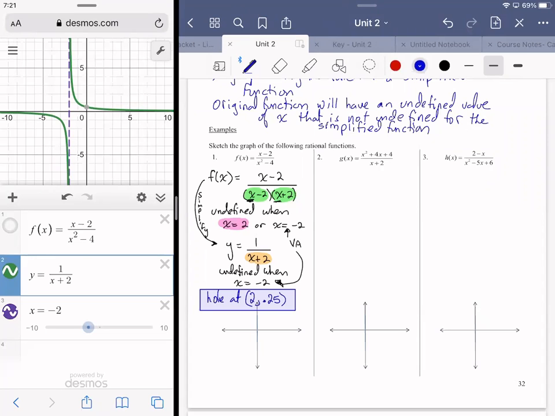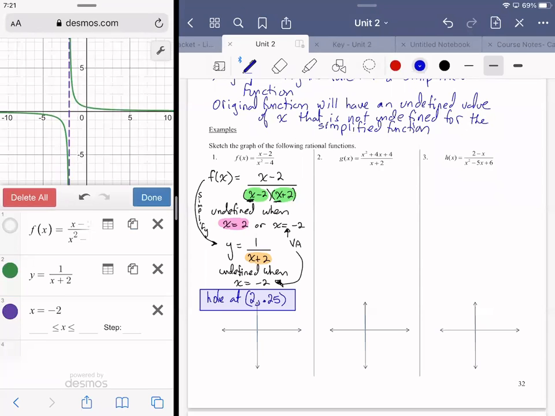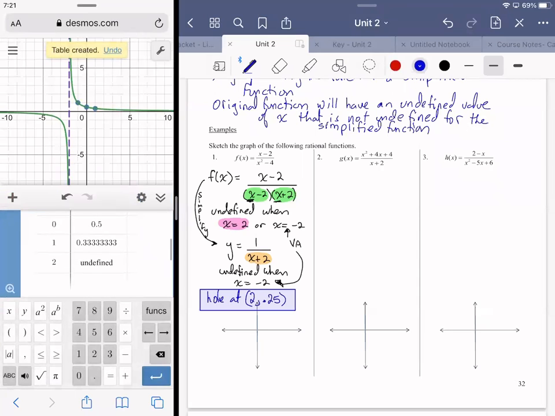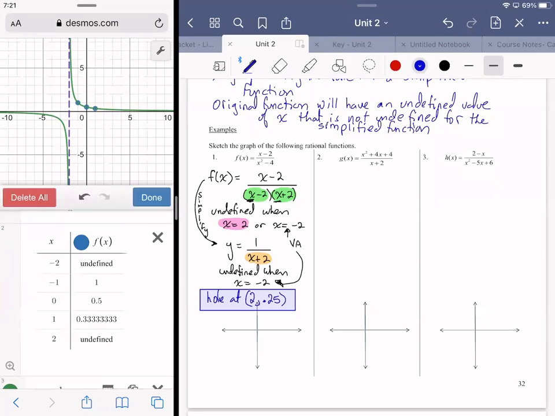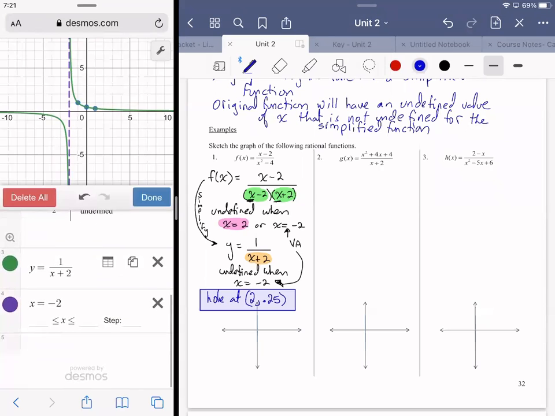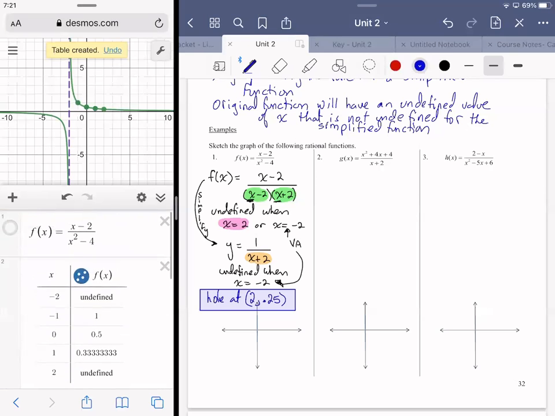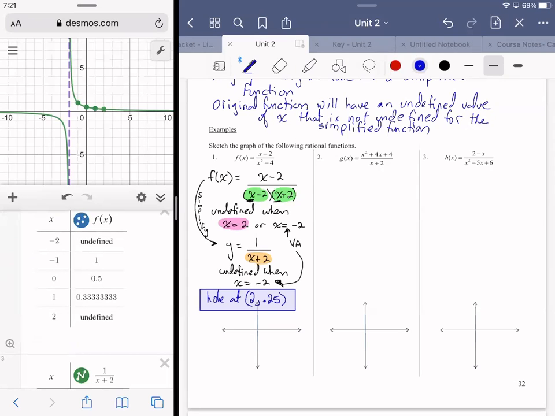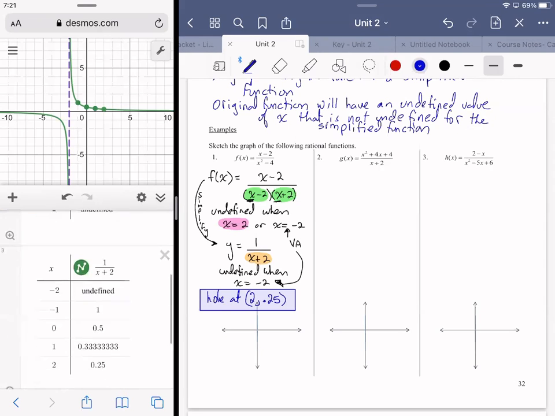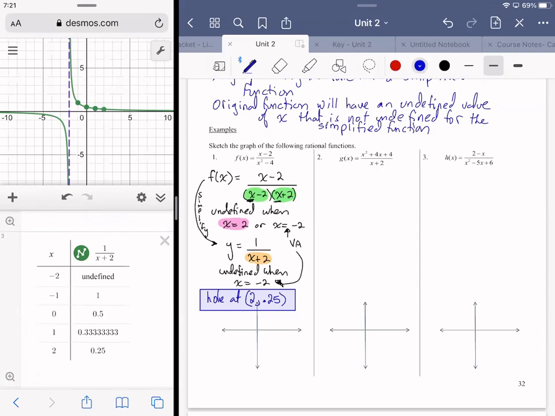So if I hit the little gear icon here and look at the tables for the first graph, the original function graph, and then tap on that little table icon next to the equation, you'll see that at -2, for the f of x function, it's undefined. All right. At -2, it's undefined for the original function, and it's undefined for the simplified function.